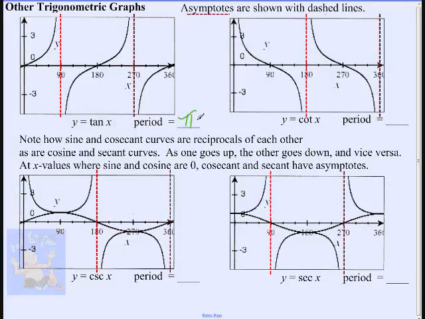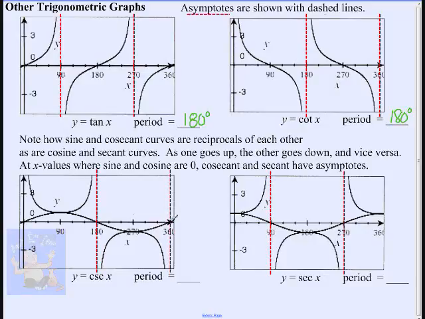How else could we express that? And actually, I should have expressed it in degrees, right? Because we were looking at degrees. So 180 degrees. Cotangent is also 180 degrees. One of the nice things is the period matches its reciprocal partner. We already know the period for sine, it's 360 degrees.